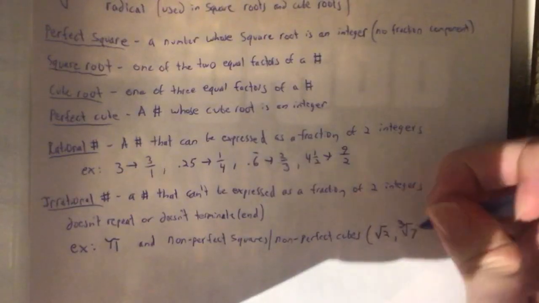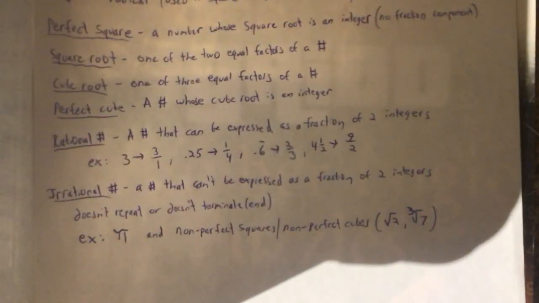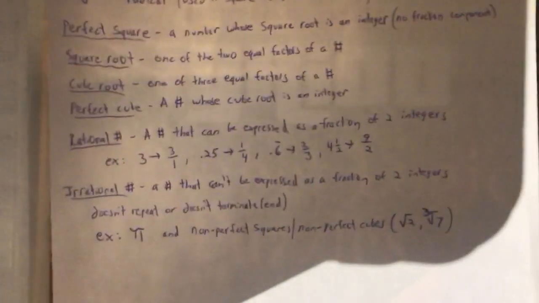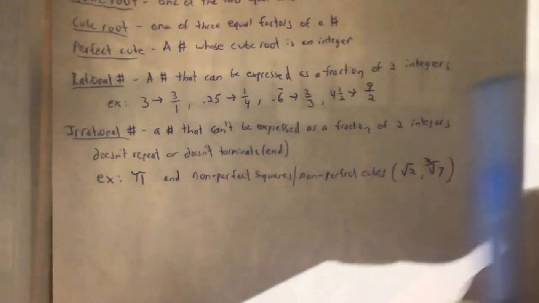That's a little 3 right there. So those would be examples, and I'll show you how to do that on your calculator in a little bit. When you plug those in, you're going to see they go on forever. There's no pattern involved. So those are your definitions. Now we'll get into the meaning behind all this.